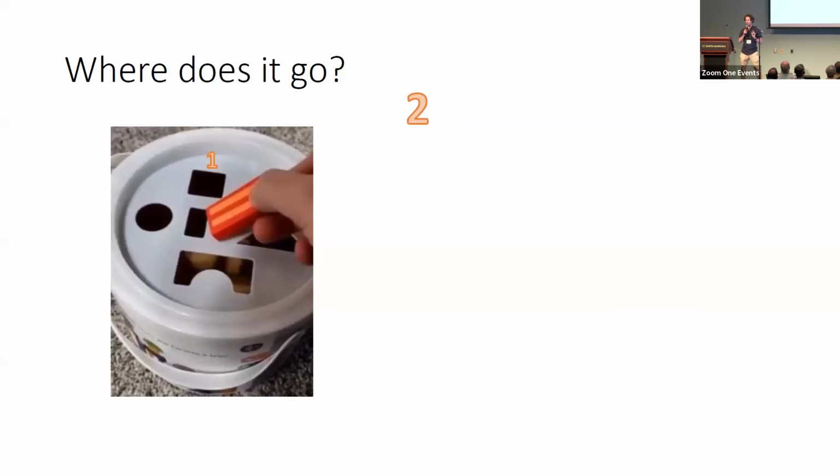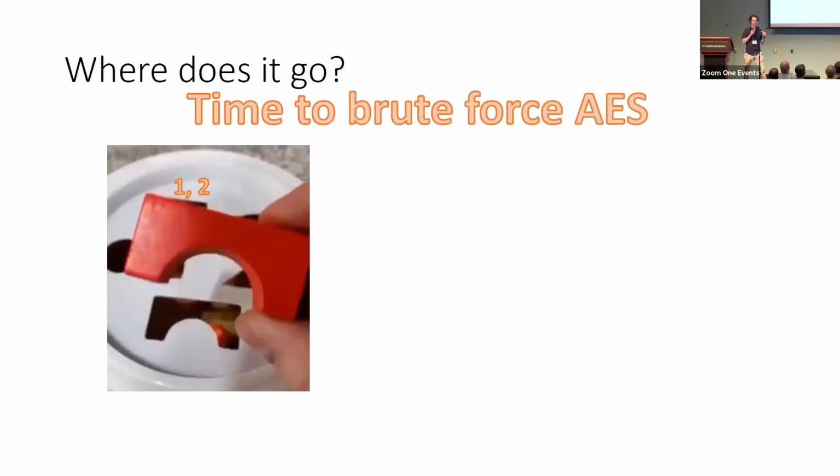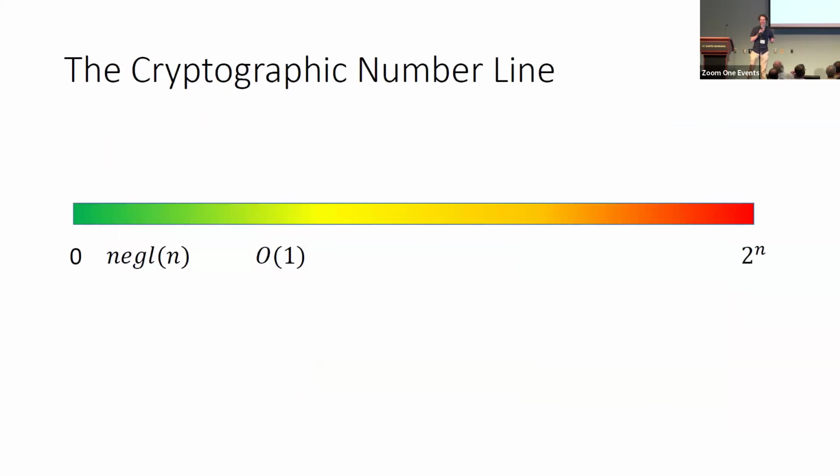Let's try 2. 2 looks pretty similar to 1. It's a little different. Where does it go? Well, you guys already know the answers. Exactly. It goes there. All right. How about something a little more funky? The time to brute force AES. That's a very funky shape up there. Where's that go? Yeah, you already figured it out. It's the constant.